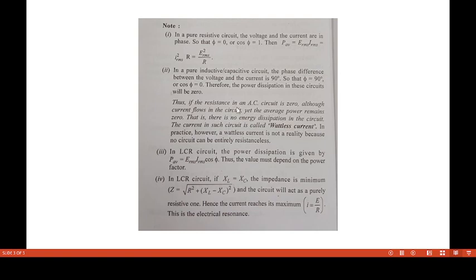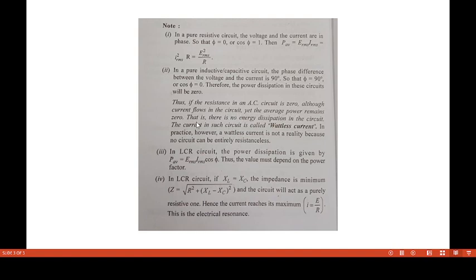This is the case we have discussed here, that is, the pure inductive or capacitive circuit, when there is no external resistor and there is only an inductor or capacitor. Although current flows in the circuit, the average power remains 0.